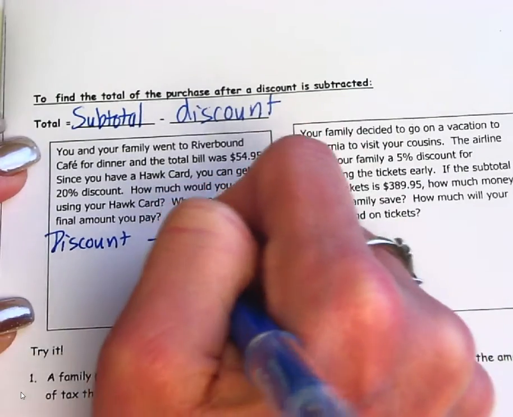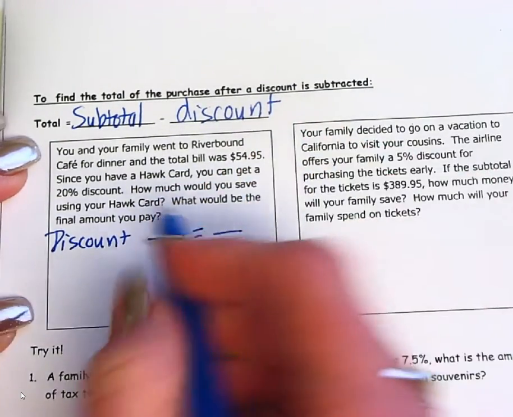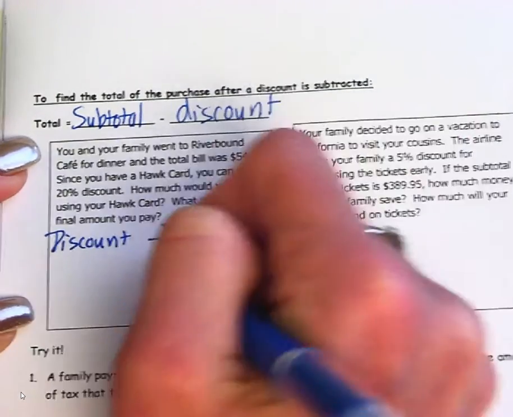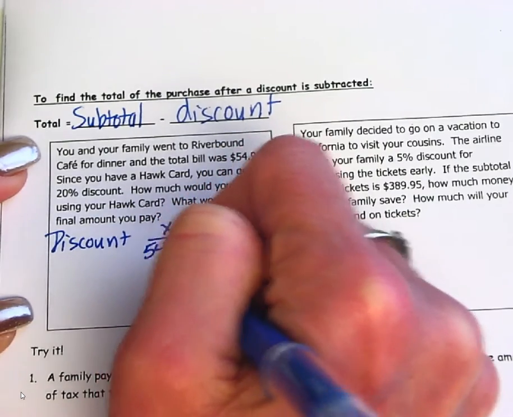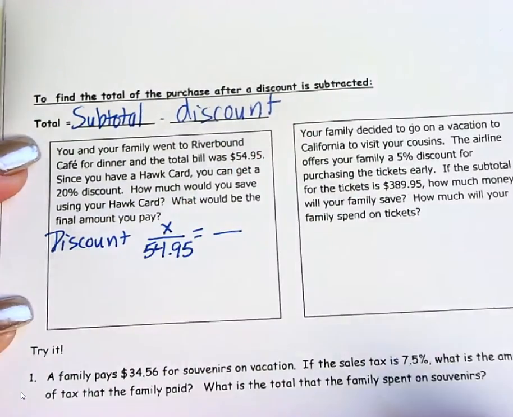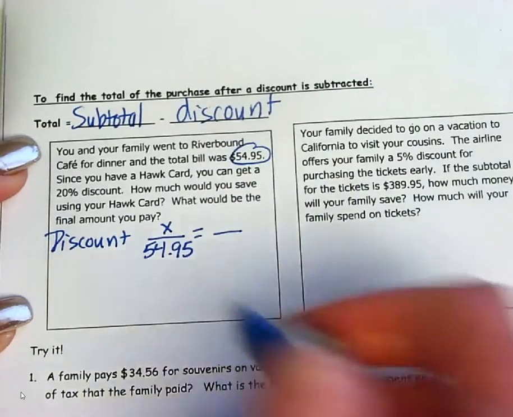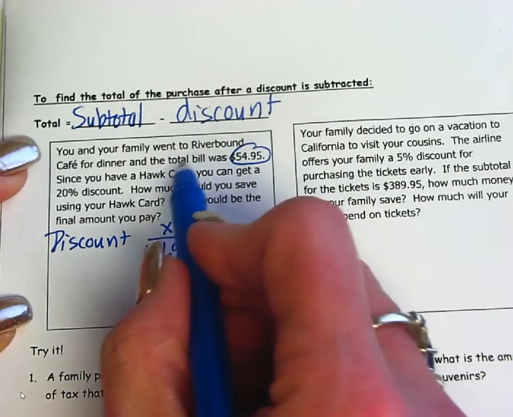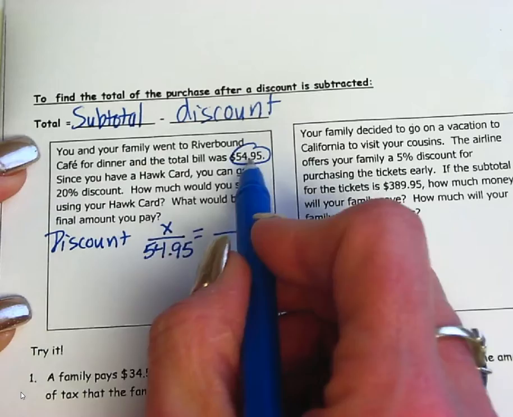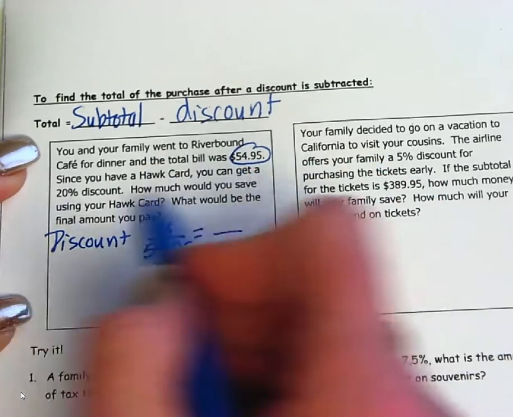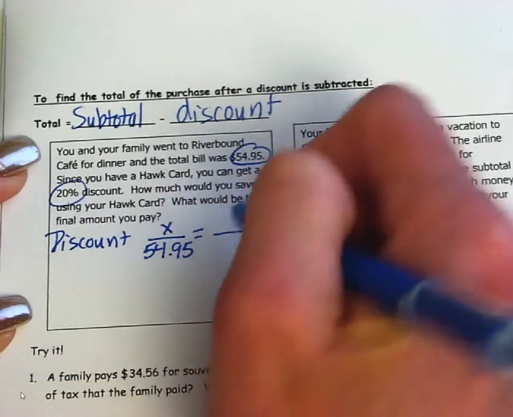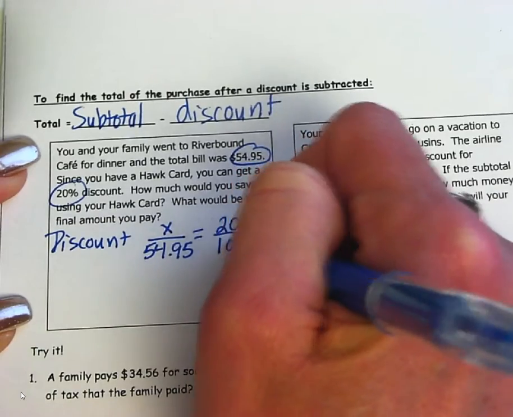We're going to set it up just like we did the tax and the tip. I don't know what the discount is, but I do know that it's out of $54.95, because that's my subtotal. And then I have my 20%, so it's going to be 20 over 100.